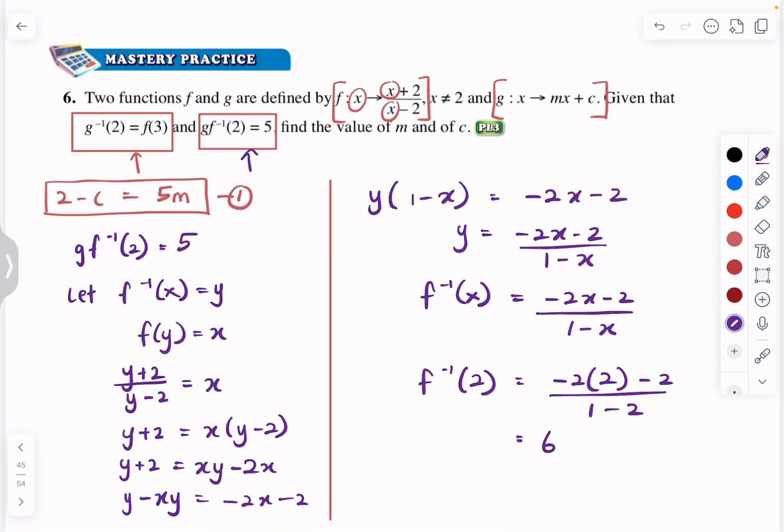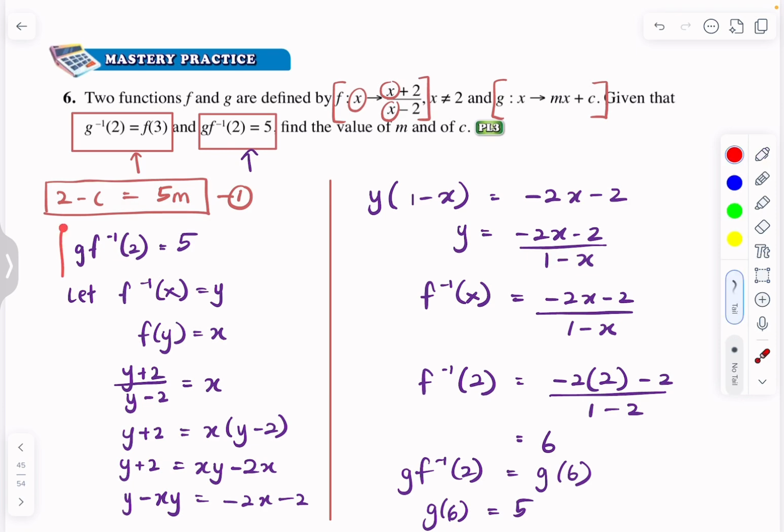So now we can say g f inverse 2 is the same as g of 6, because this whole f inverse 2 is 6. So g6 equals 5.